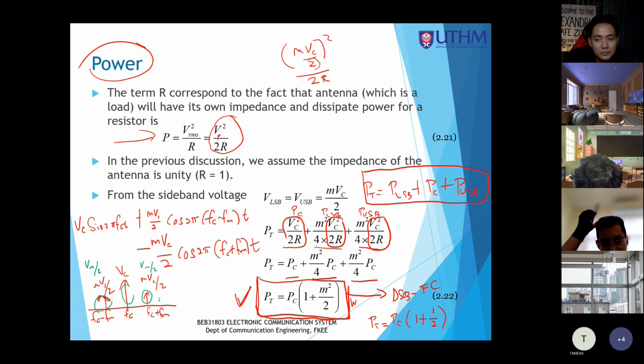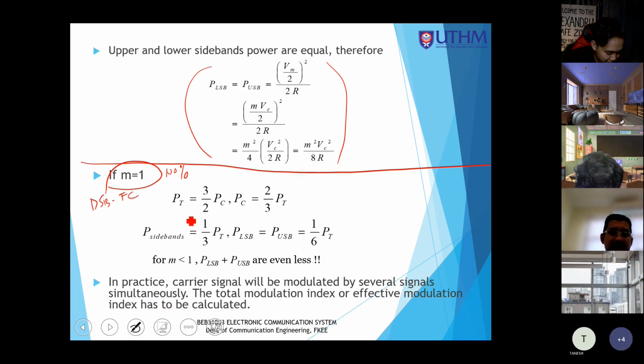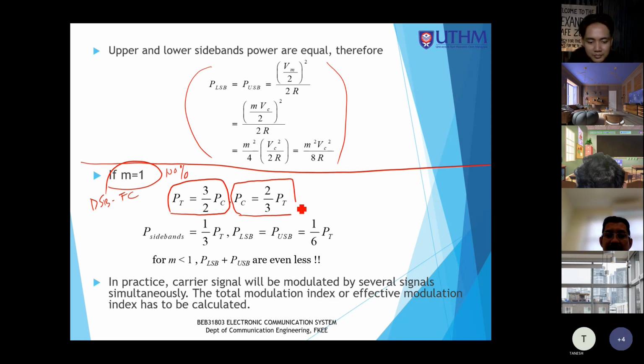So that means you akan dapat 3/2 PC. So P total sama dengan 3/2 PC. Okay, seperti yang dinyatakan di sini lah. Okay. So, kalau begitu, maka PC bersamaan dengan 2/3 daripada total power. PC sahaja, ni kalau kita rearrange daripada ni, kita akan dapat carrier power sama dengan 2/3 daripada total power.